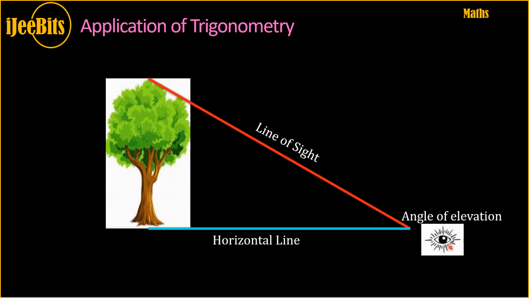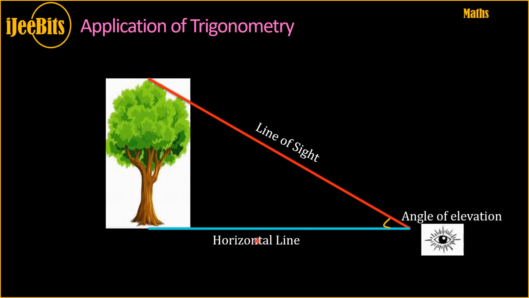And this is called the angle of elevation. If you were looking horizontally, your line of sight would be on the horizontal line, but you are making an angle to see the height of the tree, and hence the angle between the horizontal line and the line of sight is called theta, which is the angle of elevation, isn't it?